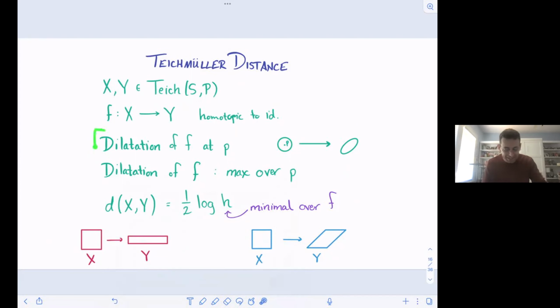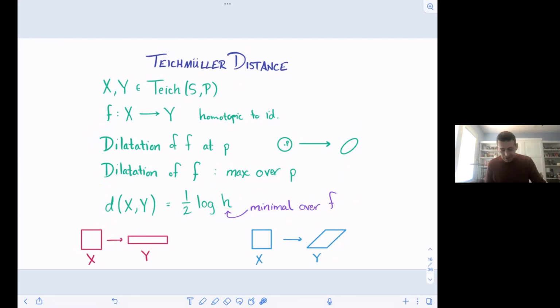That's how dilated your map is at the point P, and the dilatation of the map is you take the worst point on the surface. And then Teichmüller proved that there's a best map, a minimal map. There's a map H that has the lowest dilatation. And you take 1/2 the log of that. Don't worry about the 1/2, that's there for technical reasons.